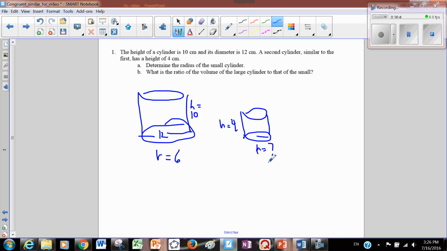So we can do a proportion if we want. We can do large over small, just because that's the way they're presented. So large, you have a height of 10 over a height of 4, and it has to be equal to a radius of 6 over a radius of the small. I'm going to write radius of the small.